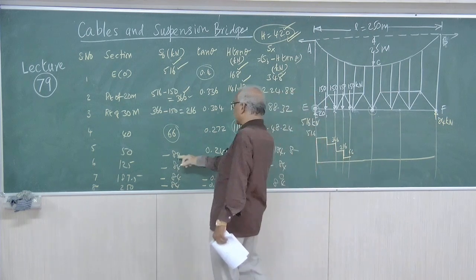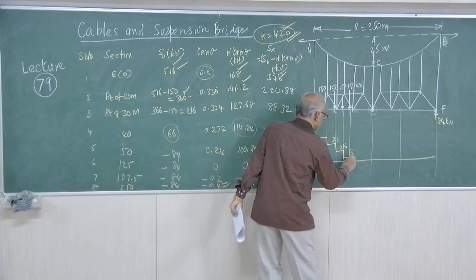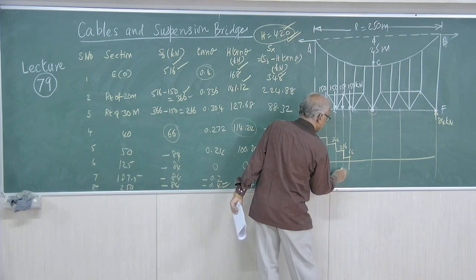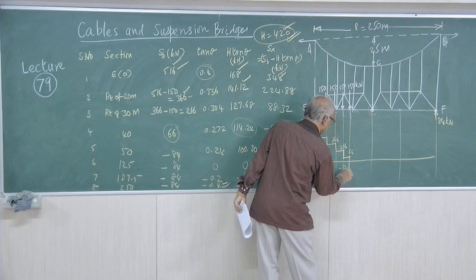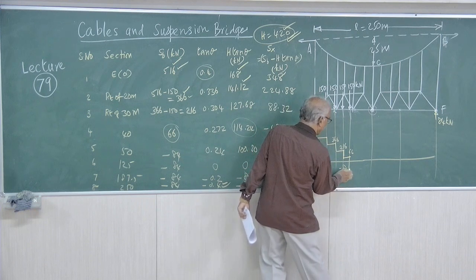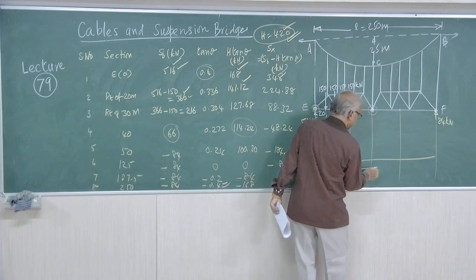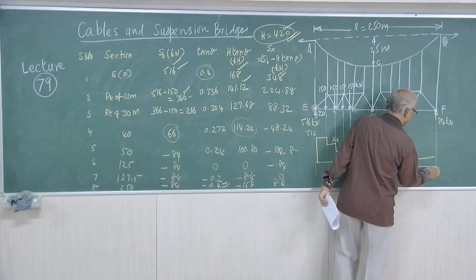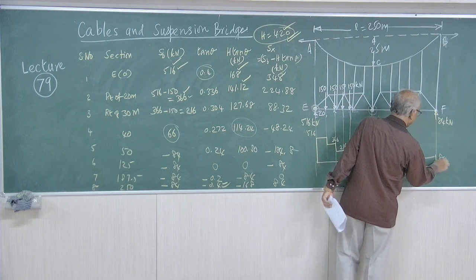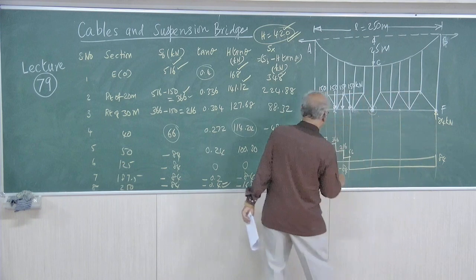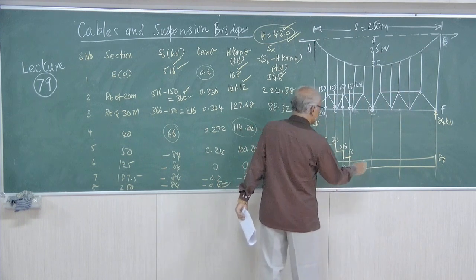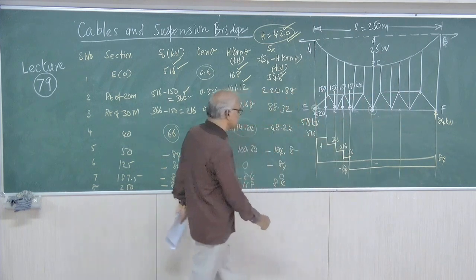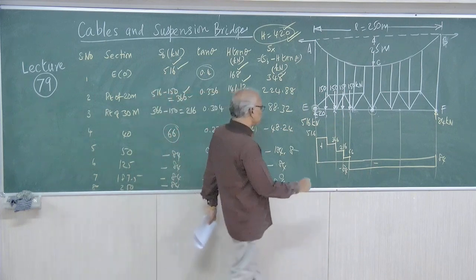Next is minus 84. There is no load up to the right end. It is minus 84 only. So this is plus and this is minus. This is the beam shear diagram.